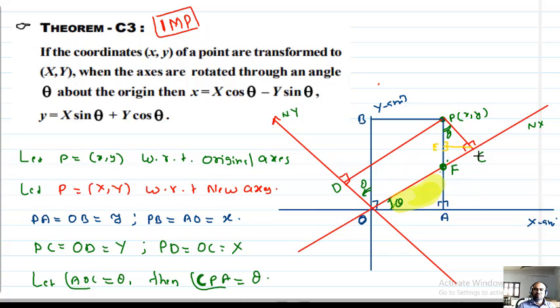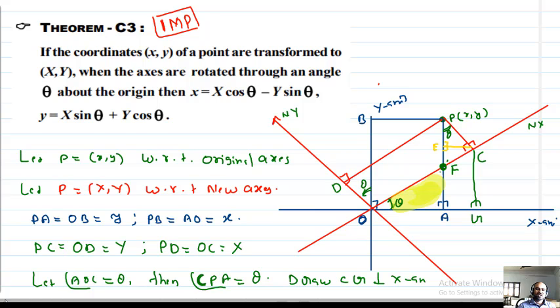Again you need to draw another perpendicular here. I will draw CF, complete. A, B, C, D, F, G: CG perpendicular to x-axis. X-axis is the old x-axis here. CG.